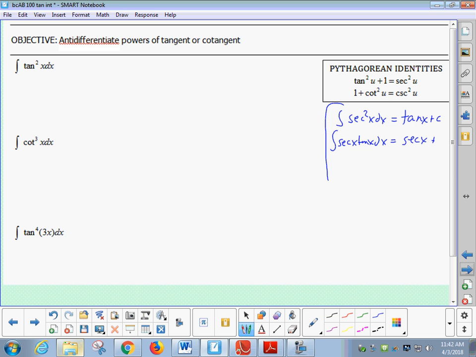Likewise, the negative versions: if you could get to cosecant squared, the antiderivative of that is negative cotangent. And if you could get to cosecant cotangent, the antiderivative of that is negative cosecant. All right, so those are all based on known derivatives switched out in the opposite direction. You with me?